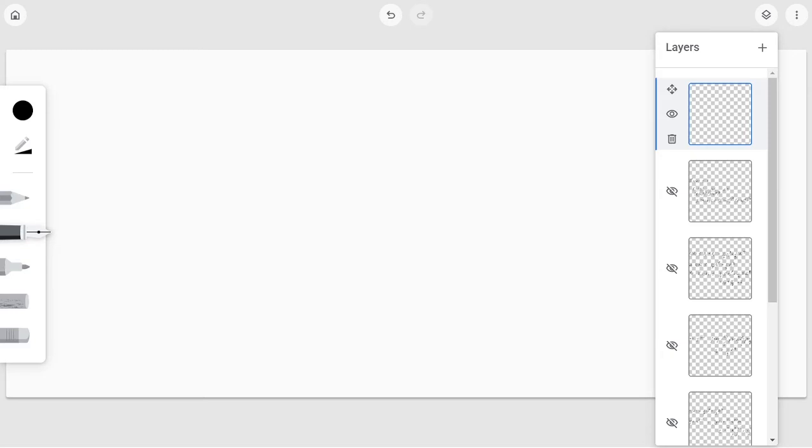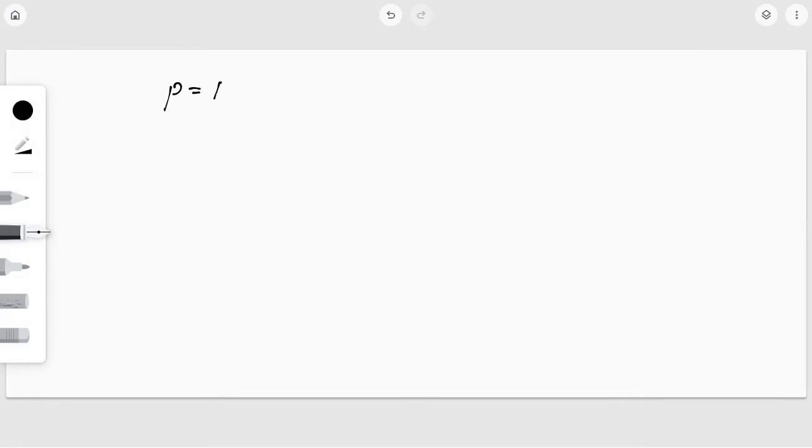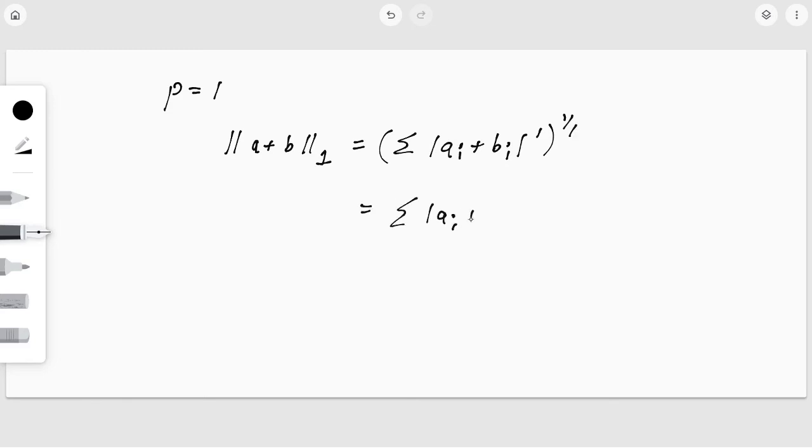So first let us consider the case P is equal to 1. Now when P is equal to 1, what do we have to prove? We have to prove that norm 1 of A plus B should be less than or equal to norm 1 of A plus norm 1 of B. Now what is norm 1 of A plus B? This is nothing other than (summation mod Ai plus Bi whole raised to 1) whole raised to 1 by 1, which is summation mod Ai plus Bi.